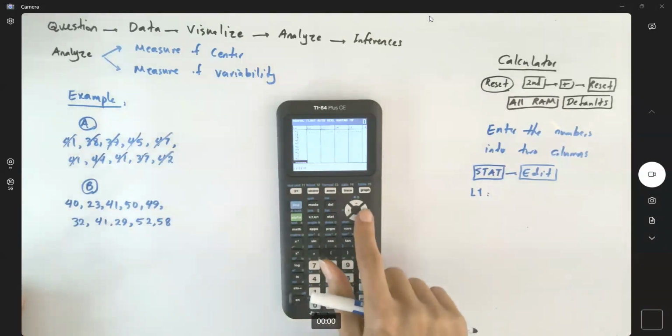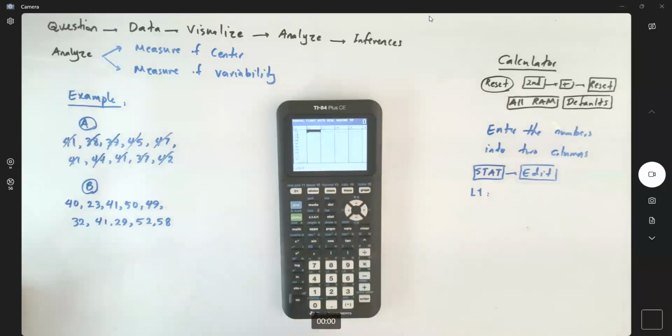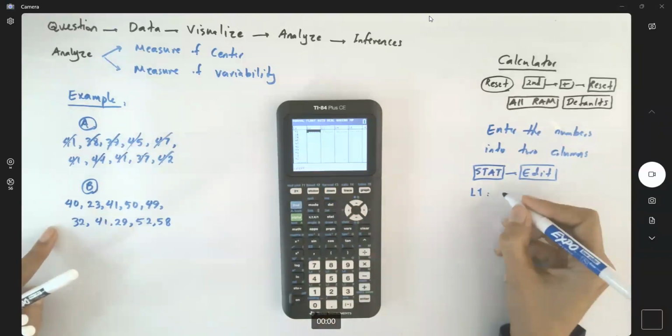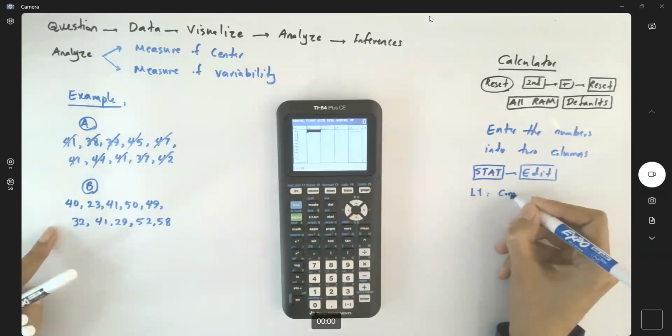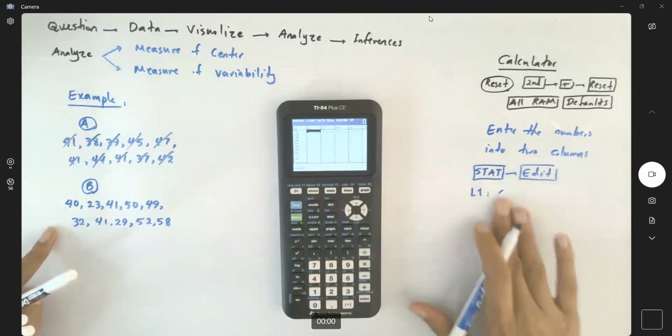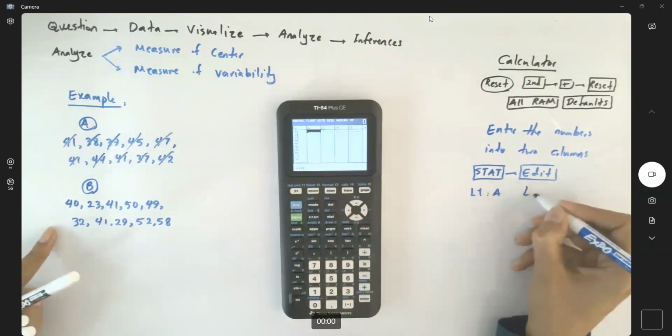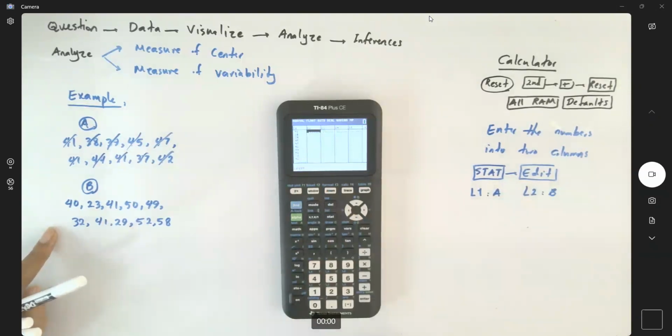Okay, now let us go to the next column. Let's enter the second data set in L2. So this is corporation A and L2 corporation B. So 40, I have a 40 here.